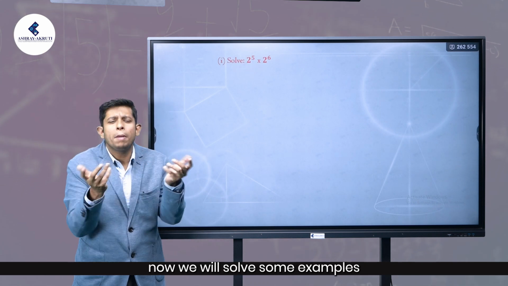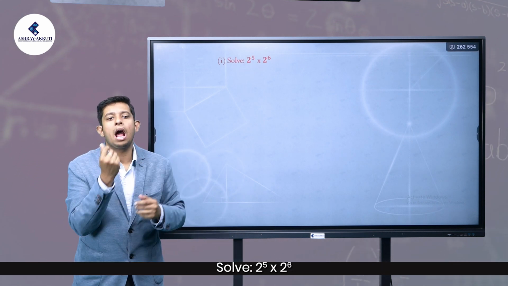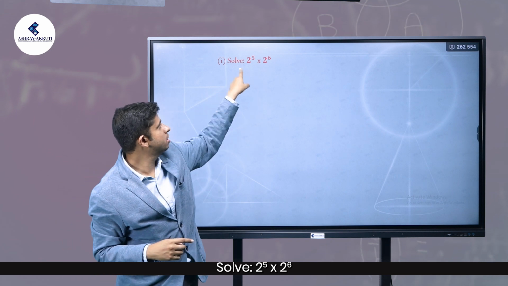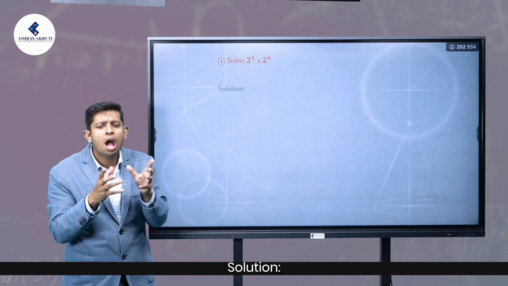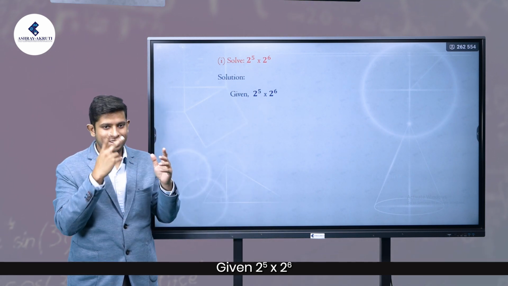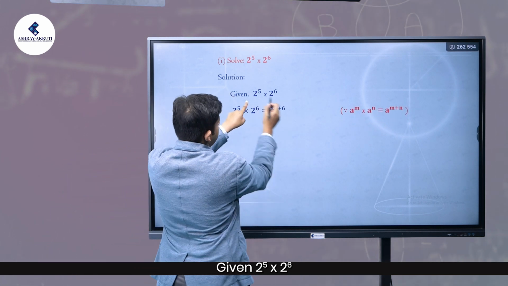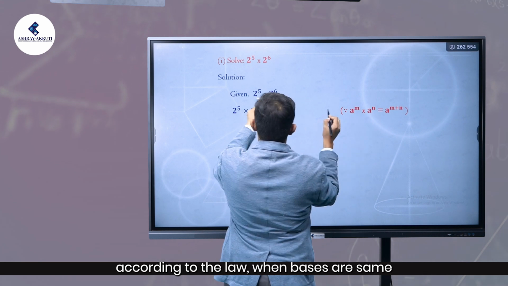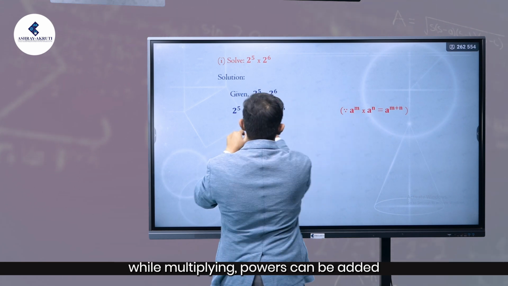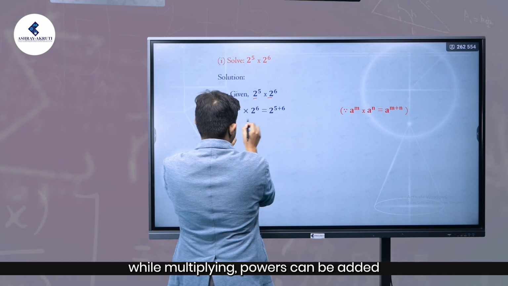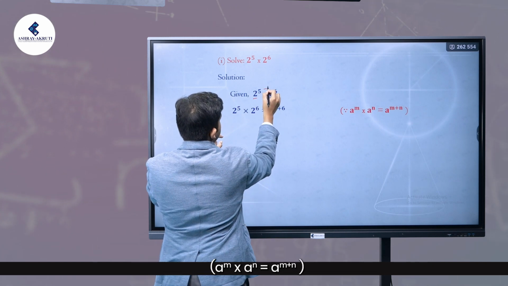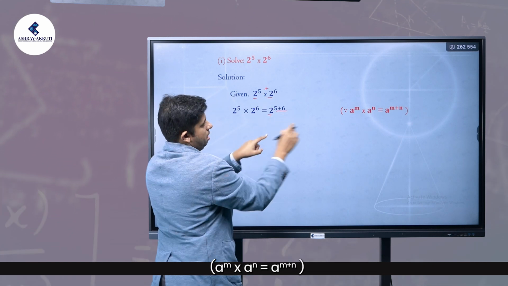Now we will solve some examples. Solve 2 to the power of 5 into 2 to the power of 6. Given 2 to the power of 5 into 2 to the power of 6. According to the law, when bases are the same while multiplying, powers can be added. a to the power of m into a to the power of n is equal to a to the power of m plus n.